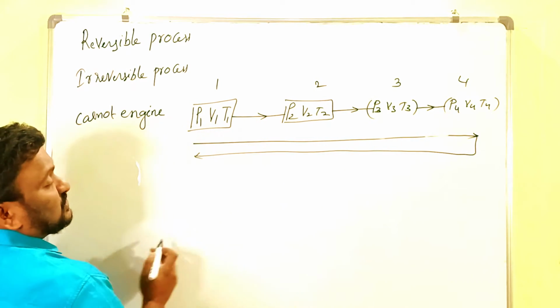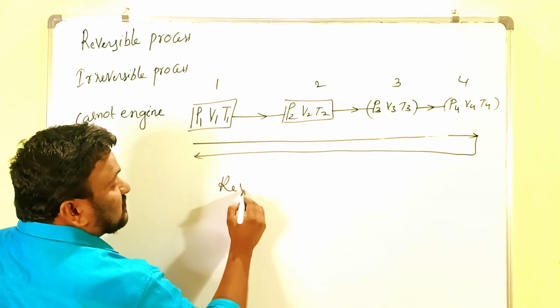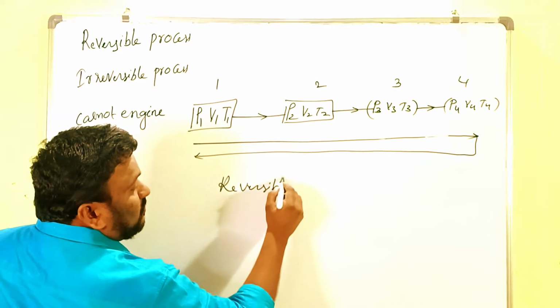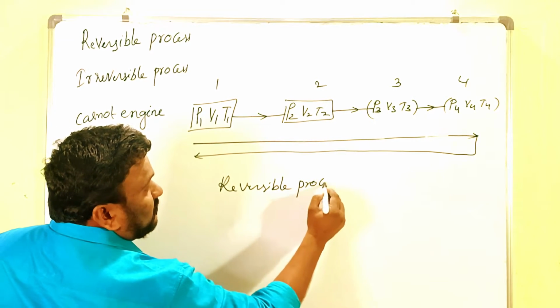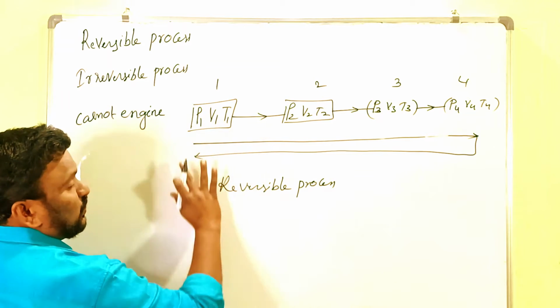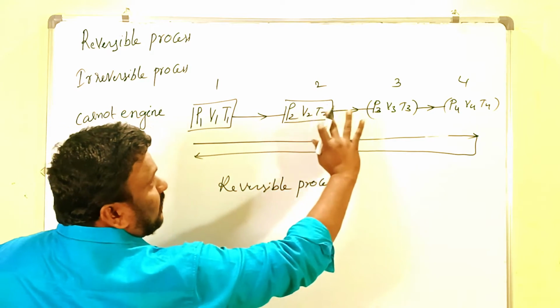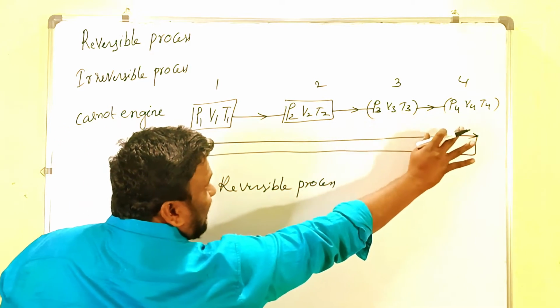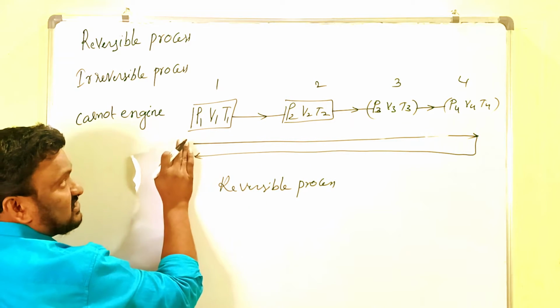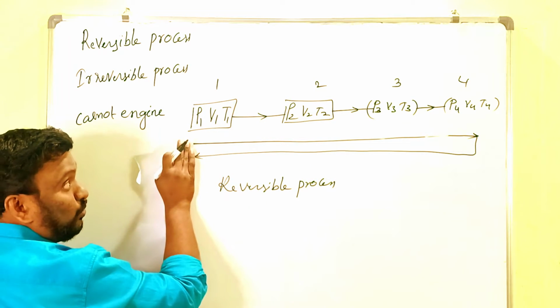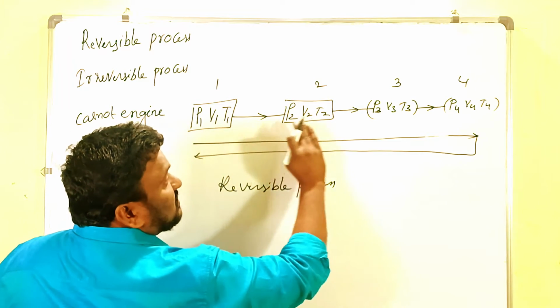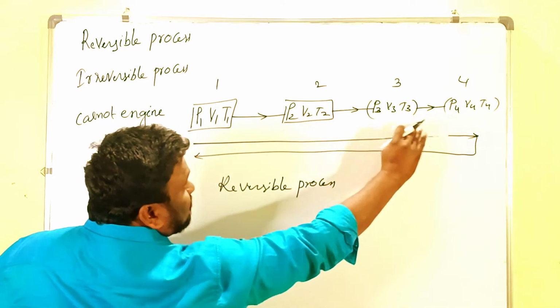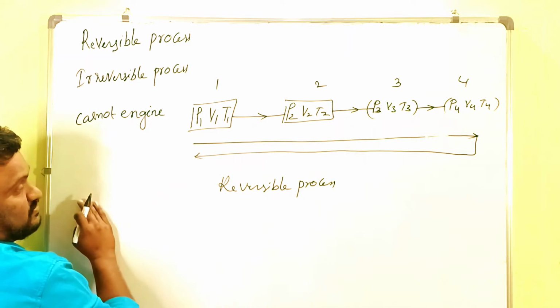This type of process is called a reversible process. Clear? The process goes through different stages and then comes back to the initial stage through the same steps it went.